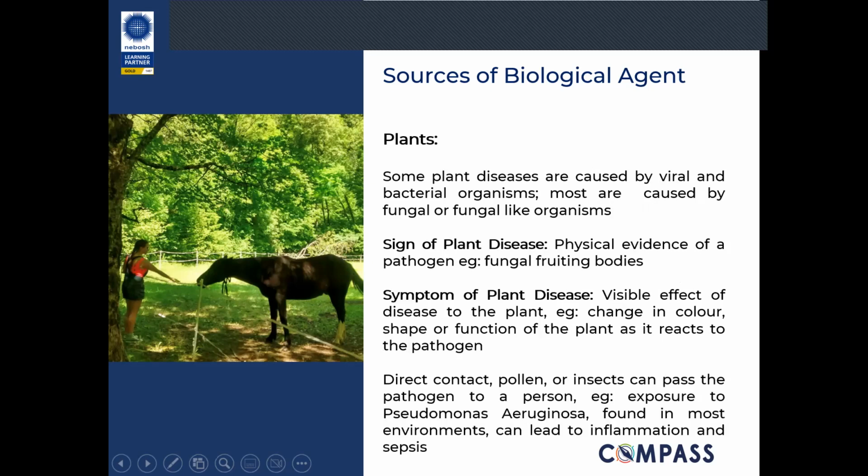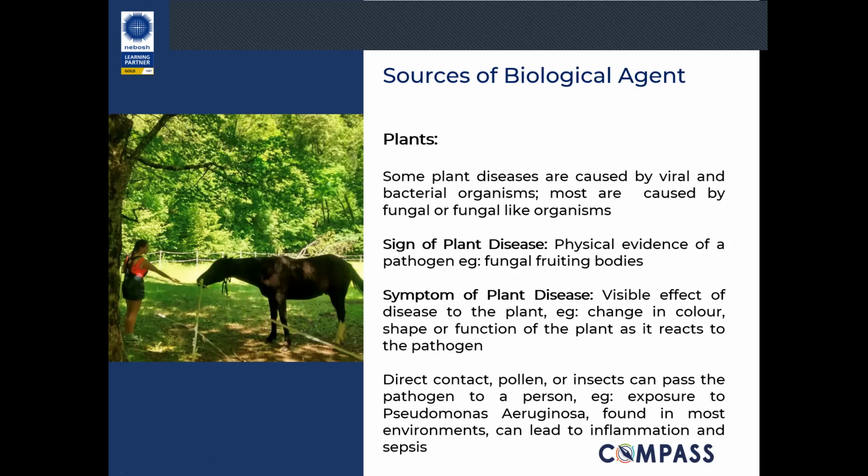Plants. So some plant diseases are caused by viral and bacterial organisms. Most are caused by fungal or fungal-like organisms. Sign of plant disease, physical evidence of a pathogen, fungal fruiting bodies, which is always an interesting one to look at in terms of its symptoms. It's worth doing a bit of research on that just to see the impact and changes in the body as a result of that exposure.